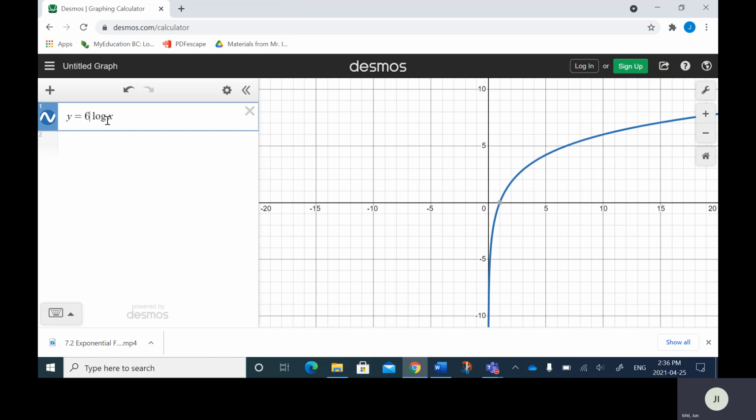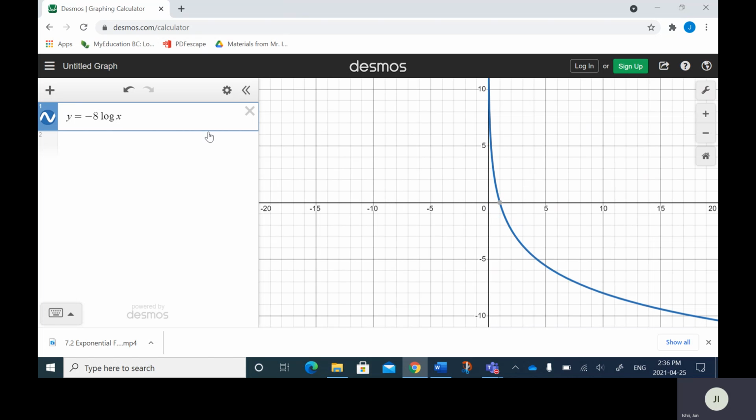And if I had negative 4, the x-intercept is still 1. And negative 8, still the x-intercept is 1. So the x-intercept is always going to be at 1, 0.